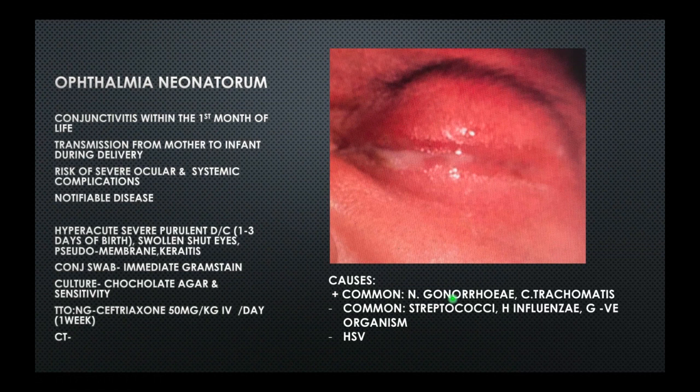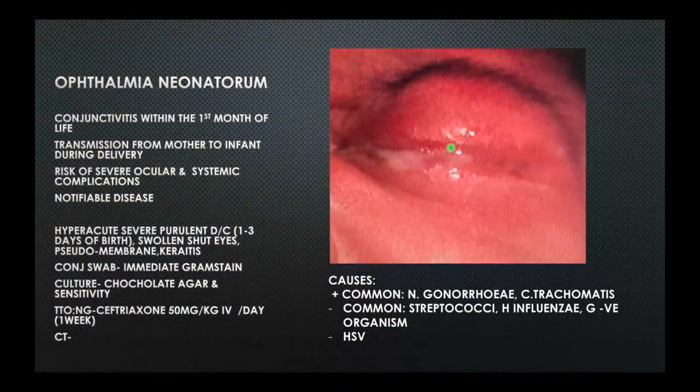So the patients are always at risk of severe ocular as well as systemic complications. So that's why you have to diagnose it early, and that's why you have a little protocol when the babies are born, where they put drops in the eye, the silver nitrate in the eye. But this is a reportable disease. They'll have about the same symptoms as the adults, but in the child, you have to be more careful, okay?